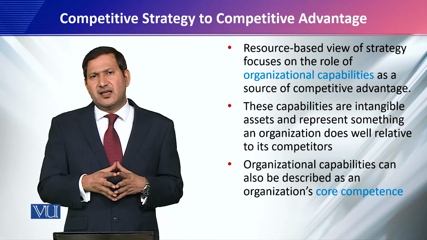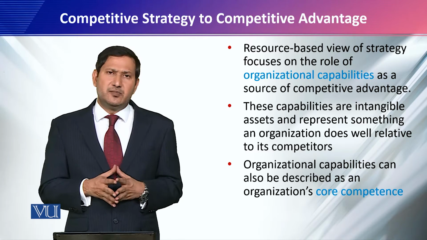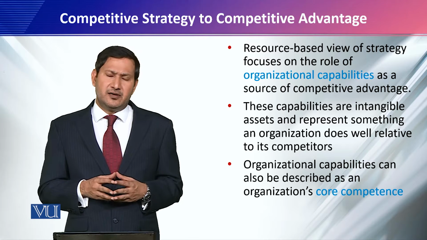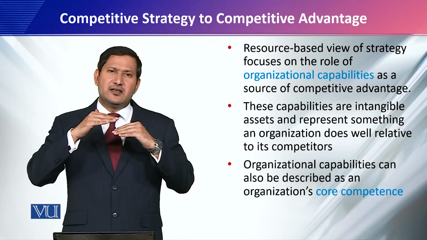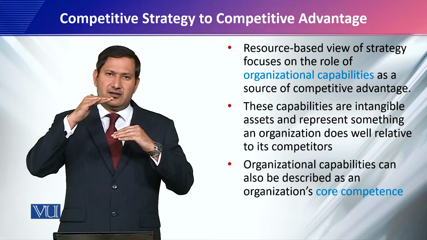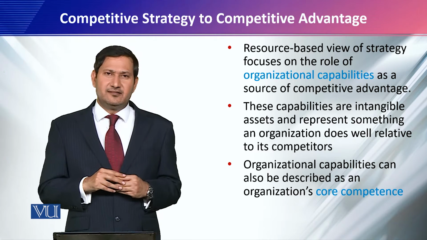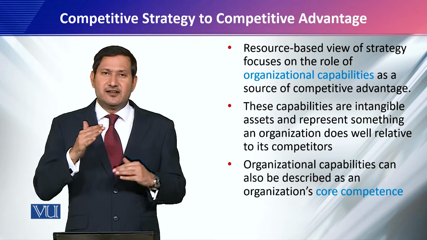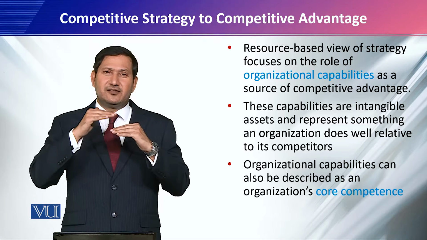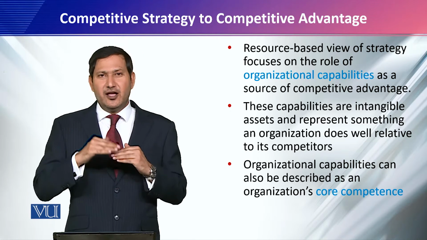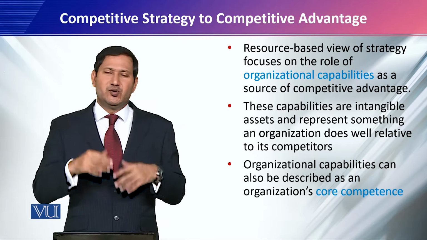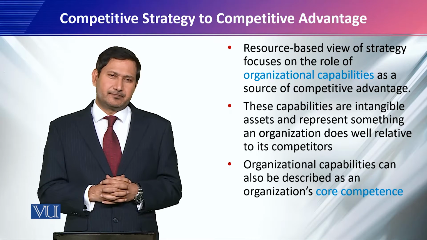Even these things may not be in control of the company. For example, if you have a low cost strategy and the price of raw material increases, what will happen? Definitely, your cost of production will increase. As a result, you may not be able to sustain your competitive advantage.